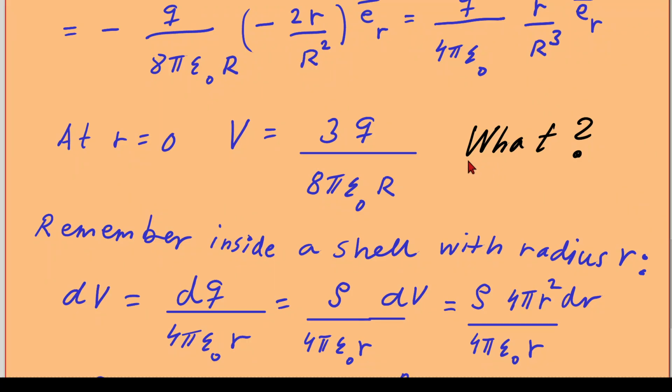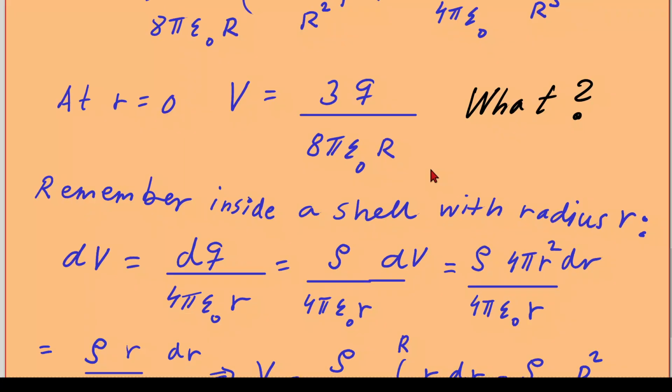Let's take a look at the previous video where we derived the potential inside a spherical shell. That was just the charge Q over 4 pi epsilon naught and the radius of the shell, and it doesn't matter where we measure it. For example, in the center, it was constant everywhere.